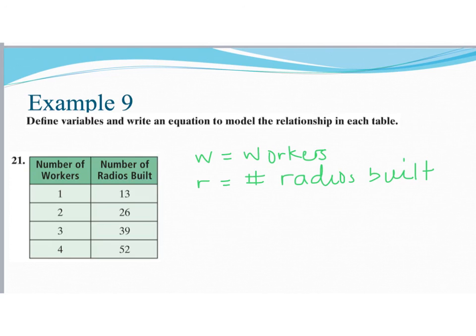And when I come up with my equation, because I'm looking for the number of radios built, I'm going to say that R is equal to, I see that when I have one worker, I get 13 radios. So if each worker can build 13 radios, that means I have 13 radios times the number of workers, or 13 radios times W. So the equation for this table here is R equals 13W.